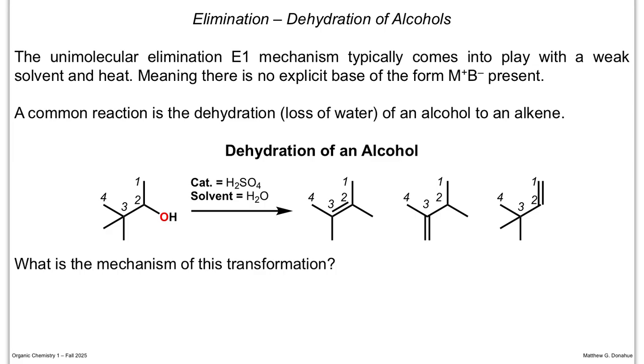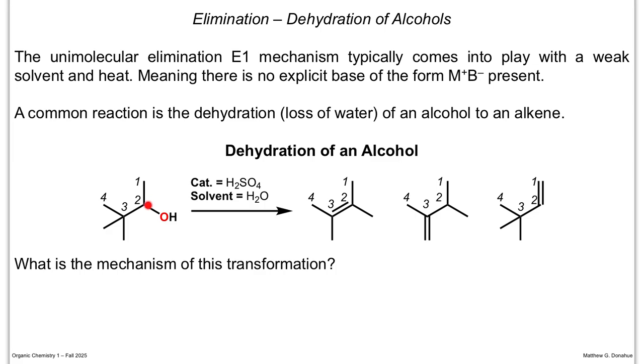What you'll notice in the E1 mechanism is that the conditions are neutral, so there's not the presence of one of these alkoxide bases or amine bases present. So we're going to look at this example, go through the mechanistic considerations, and see how this intermediate that forms can lead to these different products that you see.